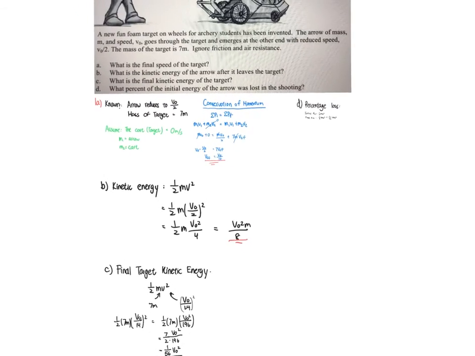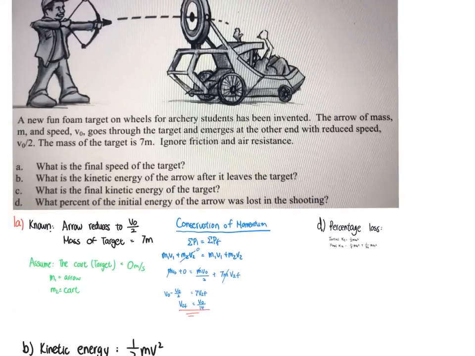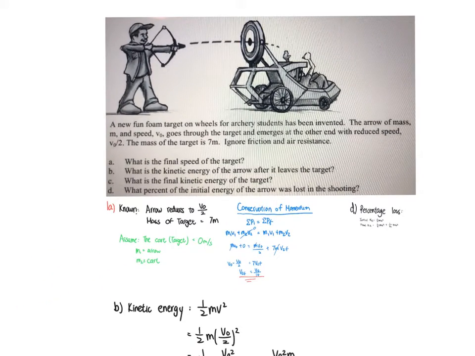Now, when we were looking at B, it asks what is the kinetic energy of the arrow after it leaves the target. Where I was looking here: kinetic energy after the arrow leaves the target. So that means our final kinetic energy will be the arrow speed plus the cart speed.